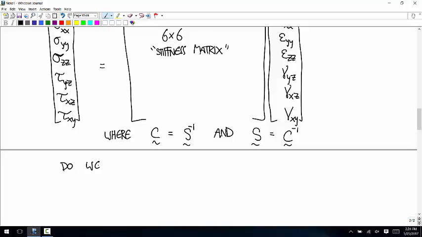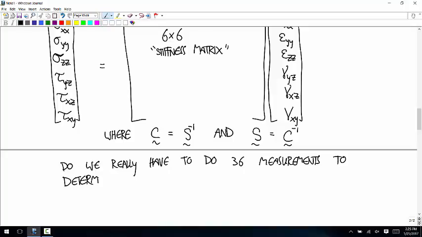So do we really have to do 36 measurements to determine these matrices for a given material? A lot of them are going to be zeros. Yes, you're right.